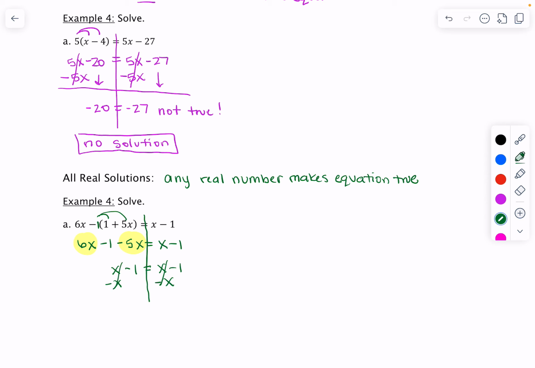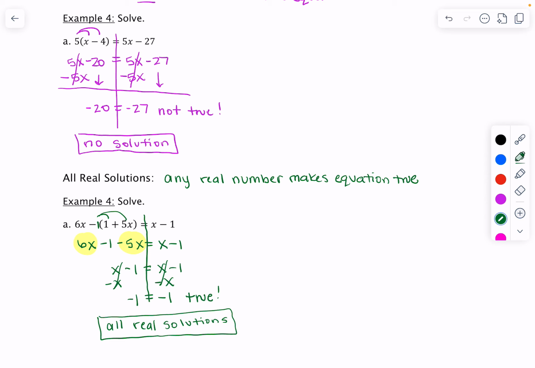They cancel, both of them cancel, and I get this statement negative 1 equals negative 1. Is that true? Does negative 1 equal negative 1? Absolutely. So we can say this is true, and then we can write down that's all real solutions as our answer.